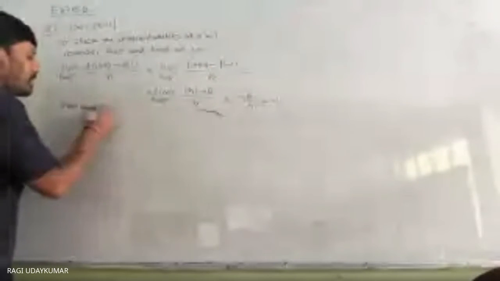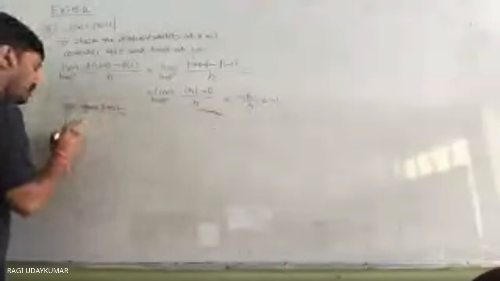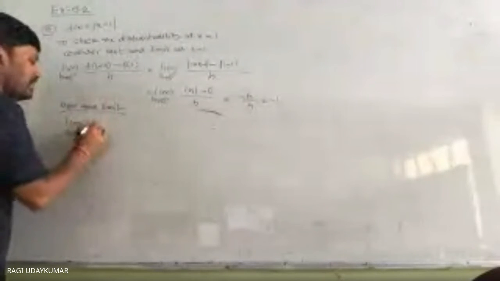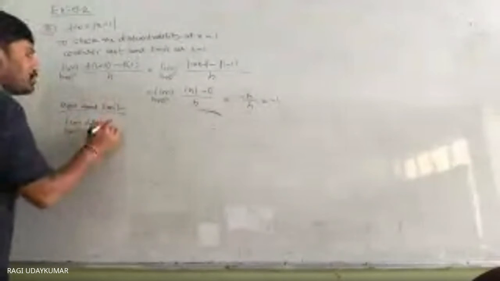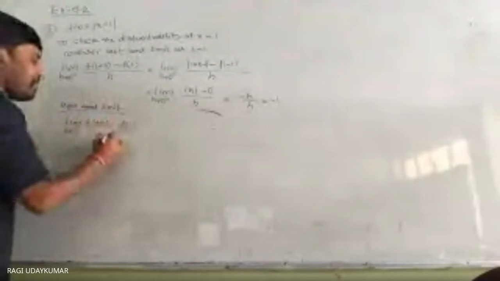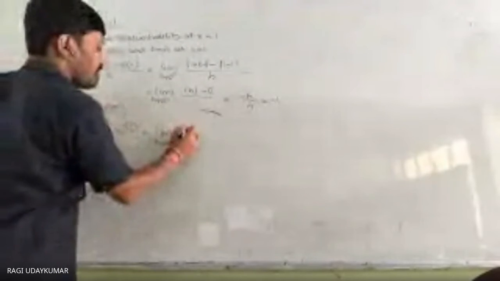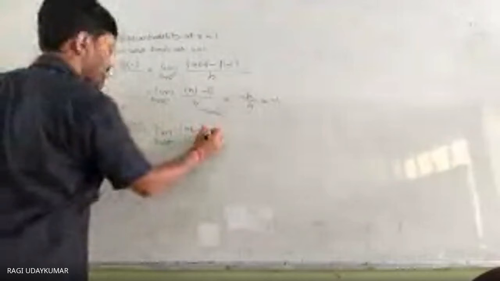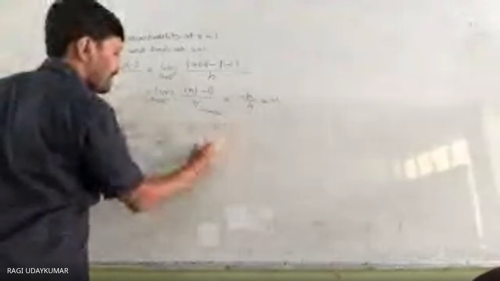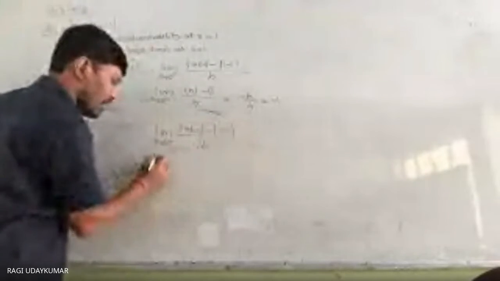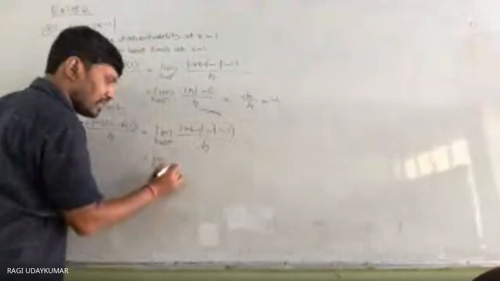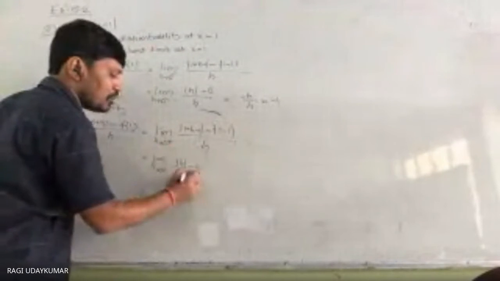That is the left hand limit. Like that, take the right hand limit into consideration. What do you get? Limit h tends to 0 plus of f of 1 plus h minus f of 1 by h, which equals limit h tends to 0 plus of modulus of h minus 0 by h.